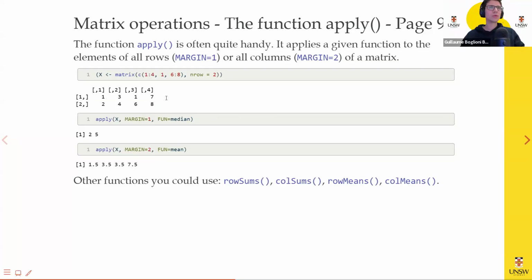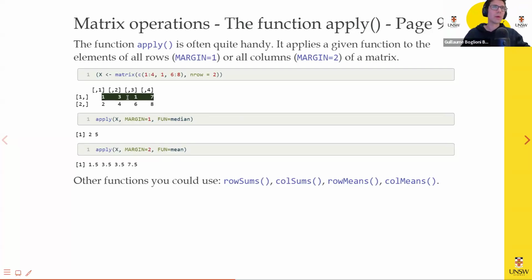Here you can put pretty much any existing function that applies to numerical values. I could have put sum, or mean for the other example, or maximum, which in R is max, M-A-X. But anyway, I'm just finding the median in each row.